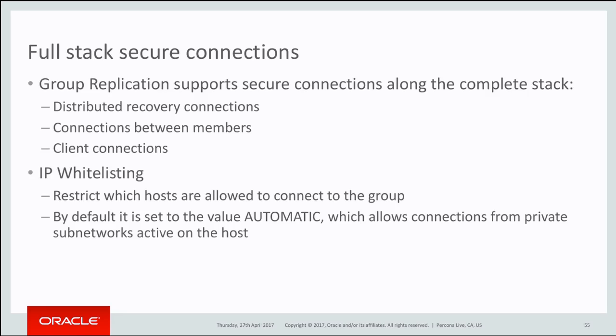If you set the default value, which is automatic, what we allow is that on each host, the private networks that are active on the host are allowed to connect. So if you have a class C network, it will be allowed by default with automatic. Or you can express what you want to allow to connect. If by default you have a public IP on that machine, it will not be allowed. So it is safe by default, avoiding intrusion on our machines.